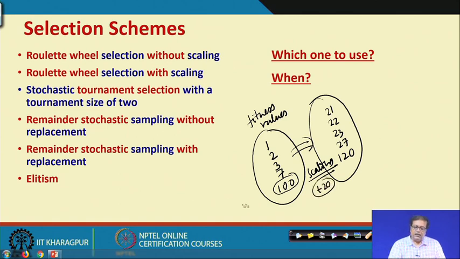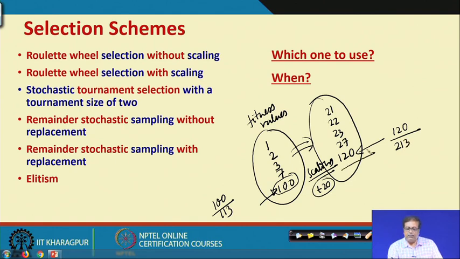The chance of the last one getting selected was 100 by 113, and now the chance is 120 by 213, is it all right?